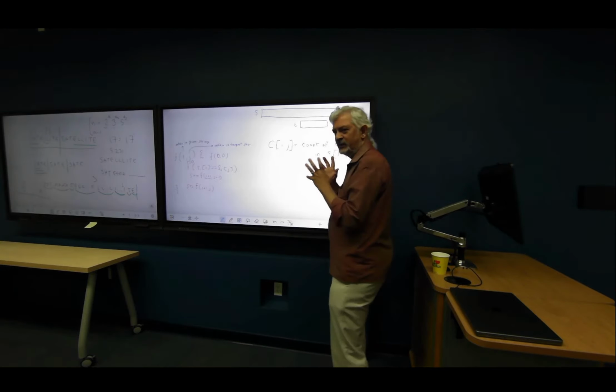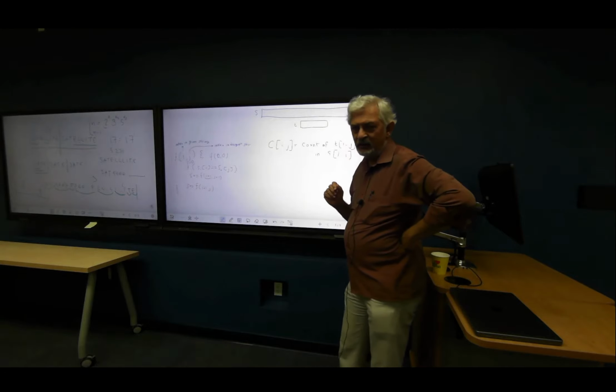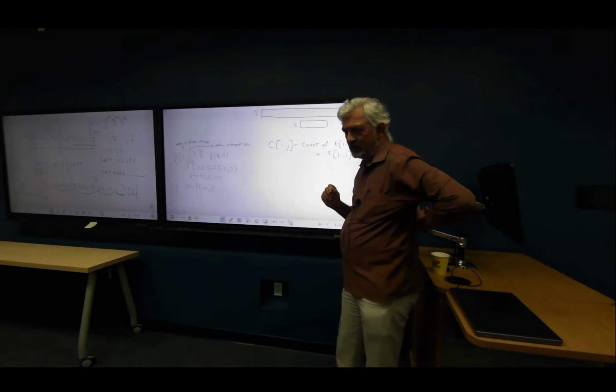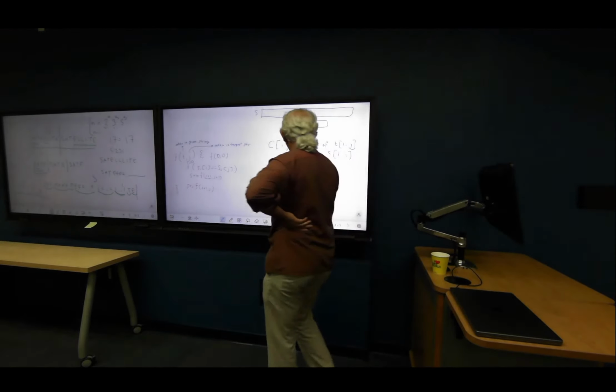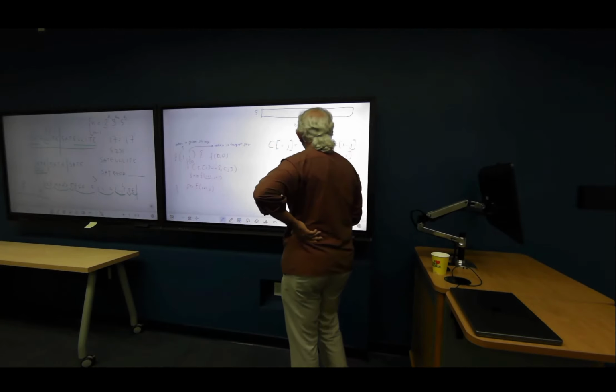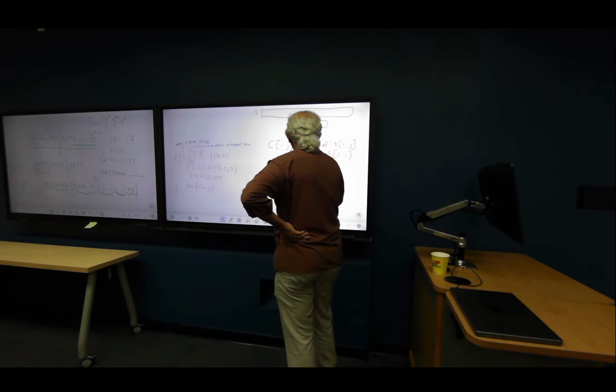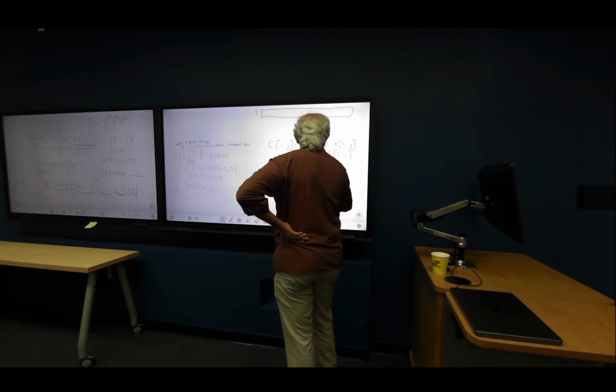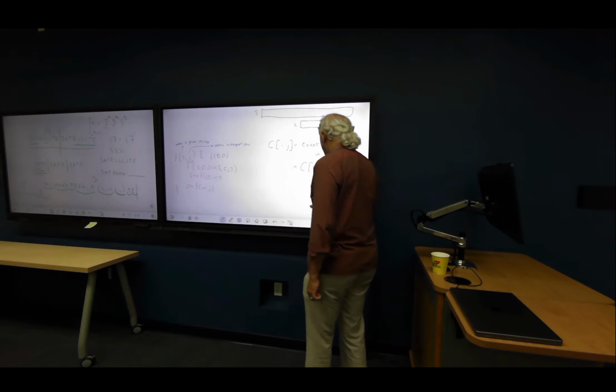This is what I'm going to write the recurrence for. It turns out to be the following. It's simply going to be C of i minus 1, j if something happens.